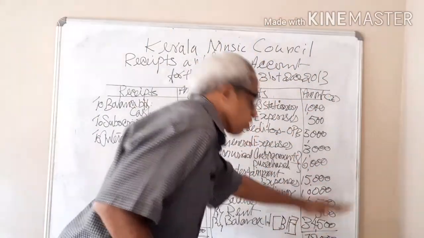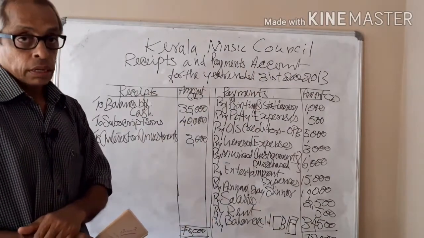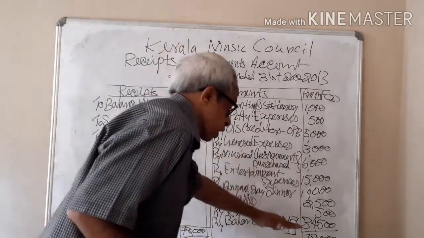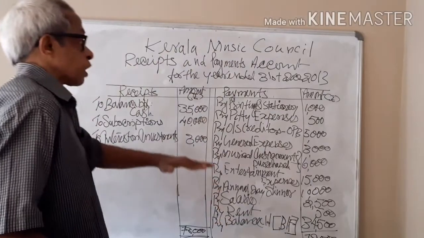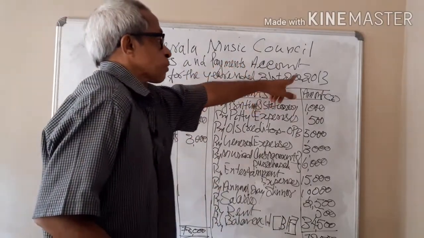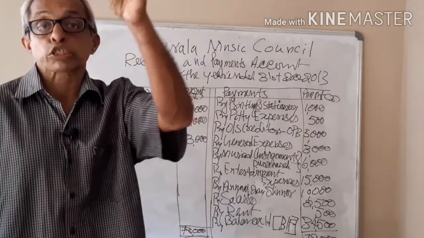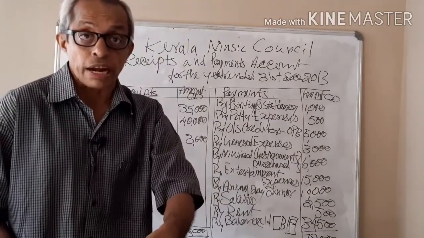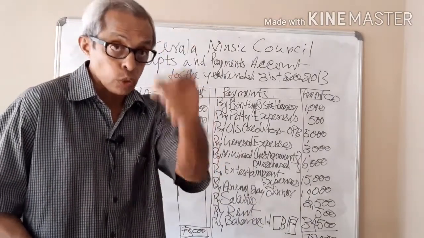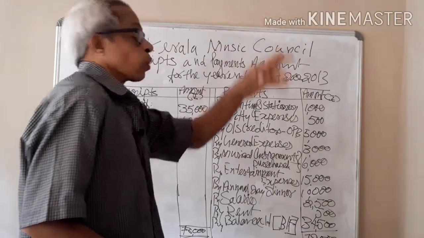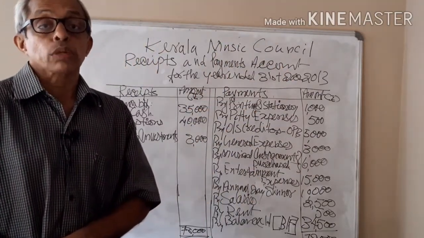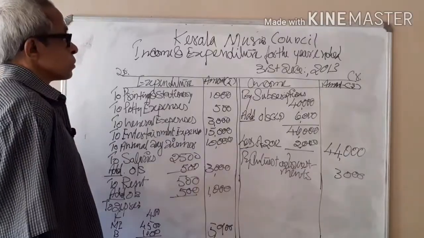This 34,500, the closing balance as on 31st December 2013, is to be shown on the asset side of the balance sheet that is going to be prepared for 31st December 2013.